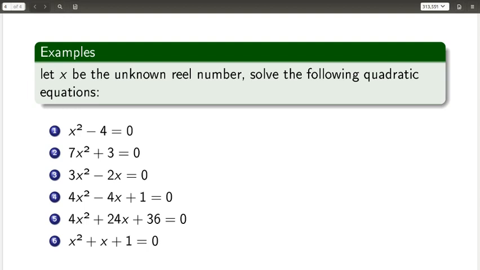And the second exercise: we remark that 7x squared is a positive number, and 3 is strictly positive.